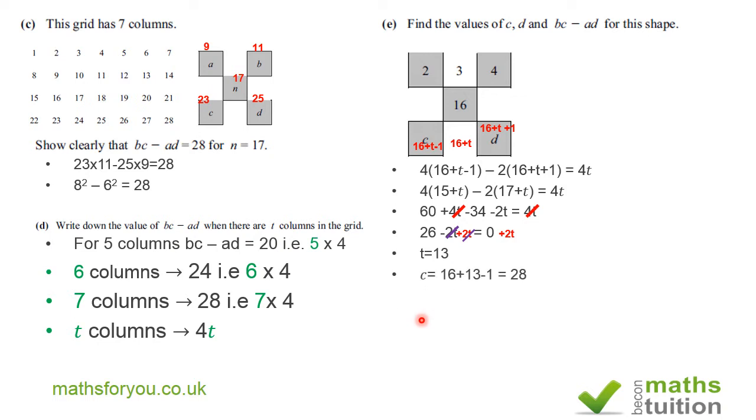That means C will be 16 plus 13 minus 1, and that's 28, and if that's 28, D has got to be 30. Now let's check. D is 17 plus 13 plus 1, and that gives us 30. So BC minus AD will be equal to 4t, and 4t is 4 times 13 because t is 13, and the answer is 52.